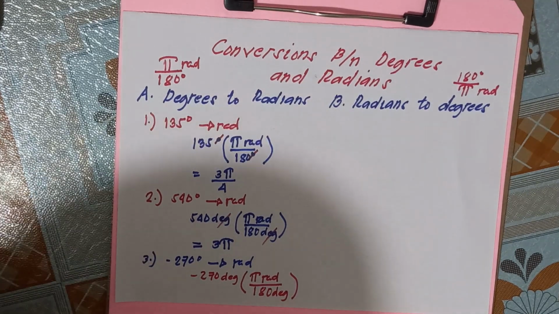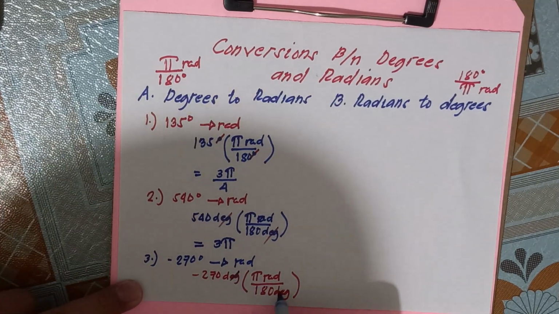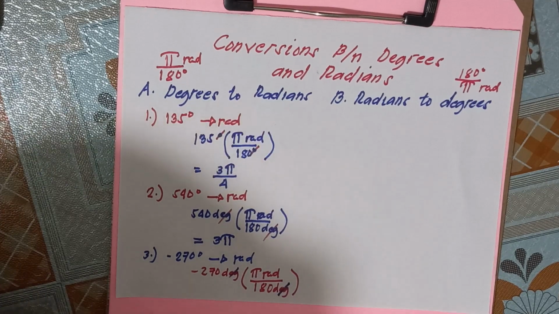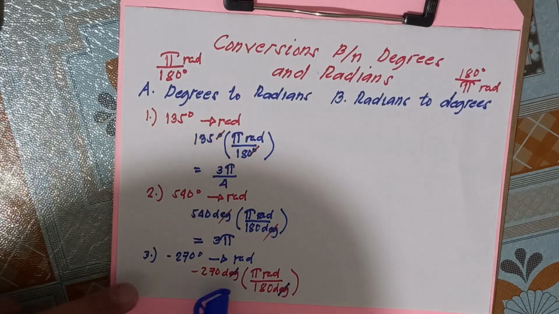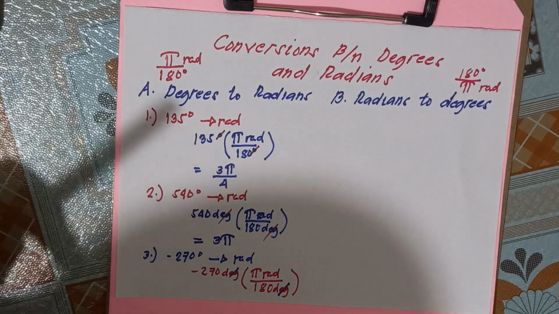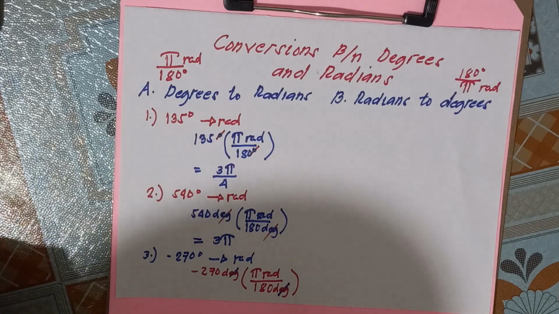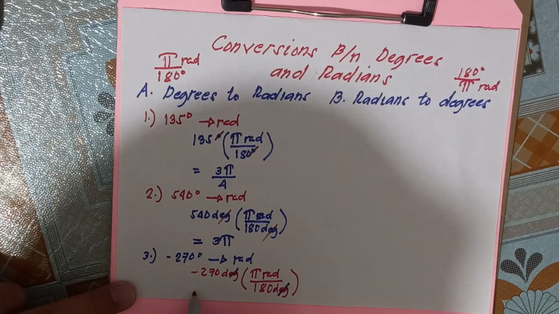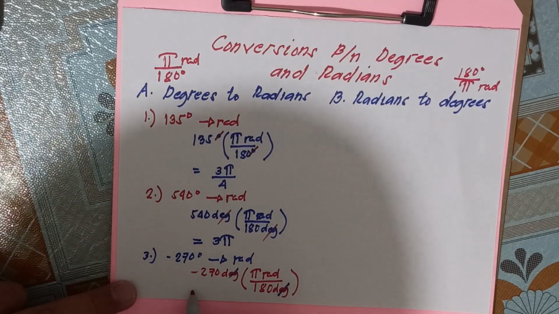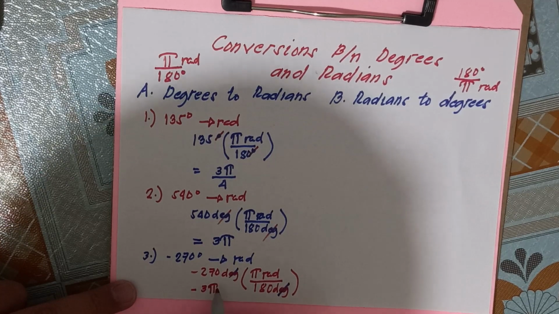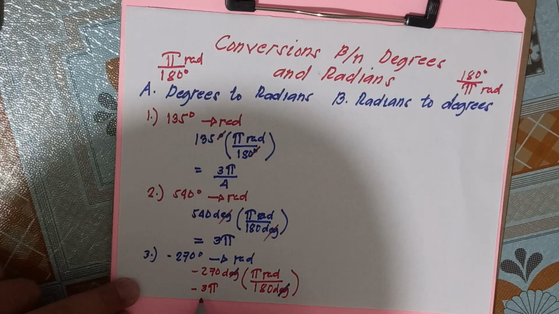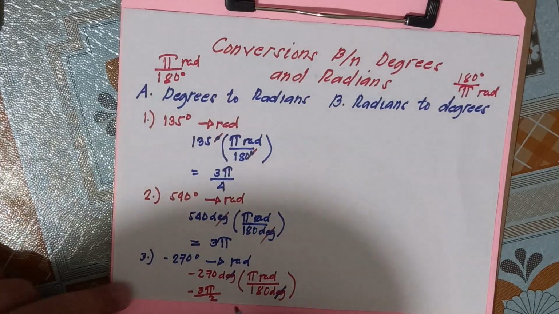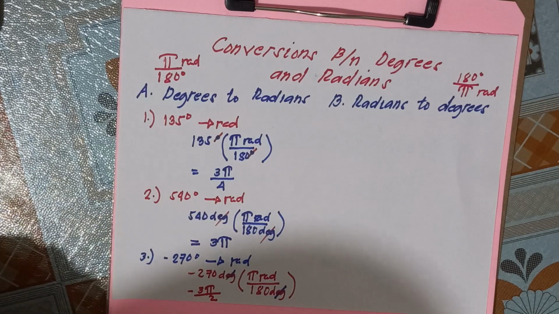Notice that the degrees will cancel out, and when we reduce negative 270 and 180, it will give you a result that is the same as negative 3 pi over 2.